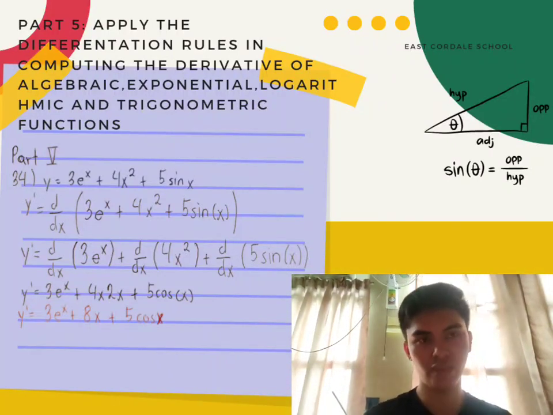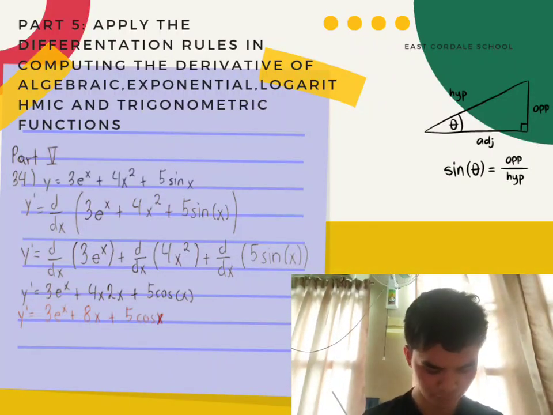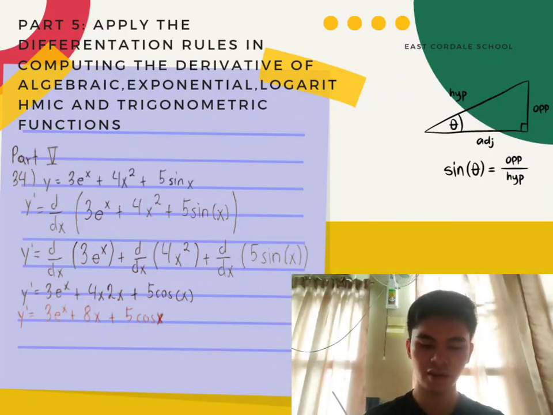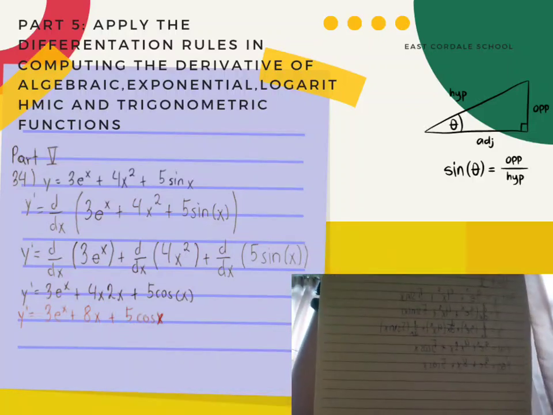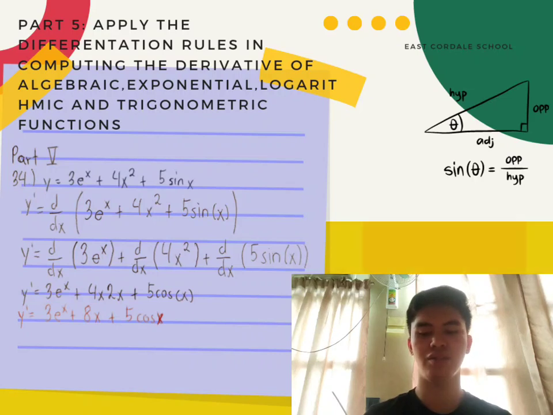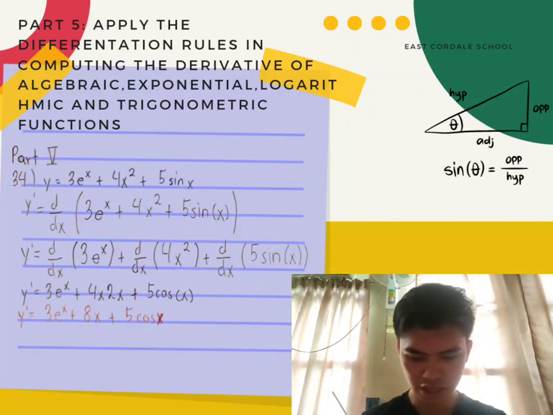And I use the differentiation rule. I calculate 4 times 2, and I got the answer. y prime of x equals 3 plus 8x plus 5 cosine x.